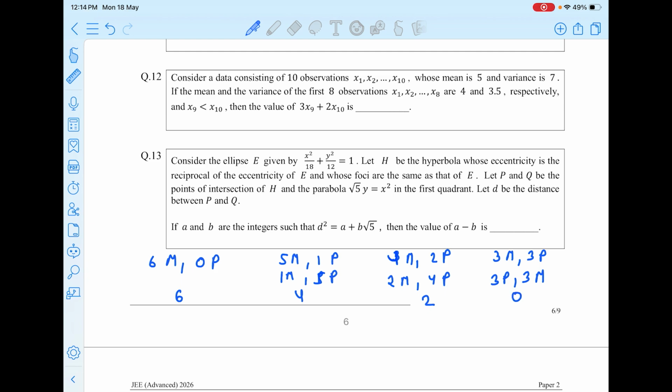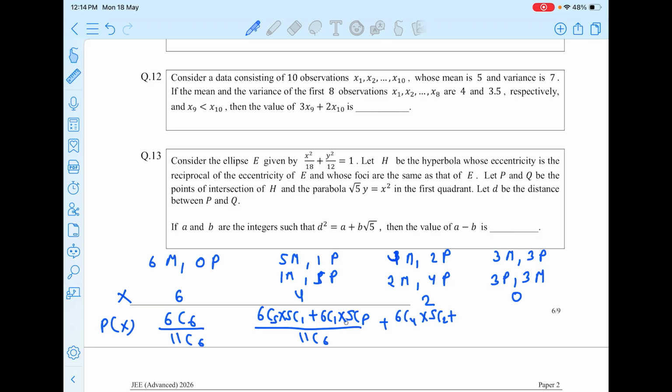Now for 6, what is the probability for 6? So this is your x, this is p(x), so it is 6C6 divided by 11C6. For 4: 5 maths, 1 physics, so that is 6C5 into 5C1, or 1 maths 6C1 into 5C5, divided by 11C6. For 2: 4 maths 6C4 into 5C2 plus 2 maths 6C2 into 5C4, by 11C6.